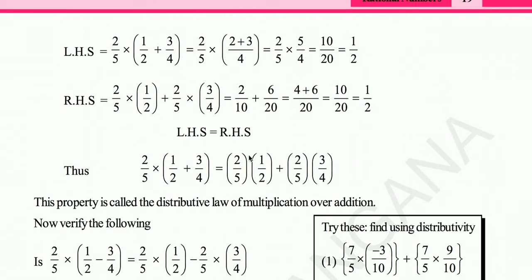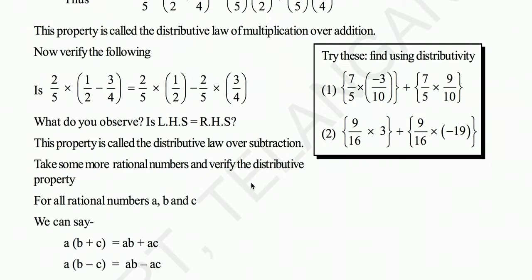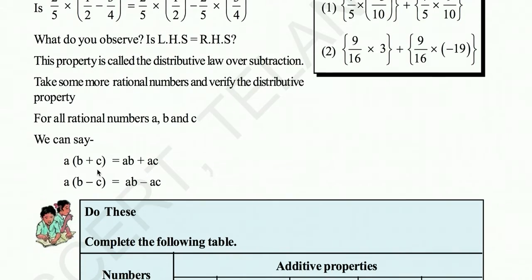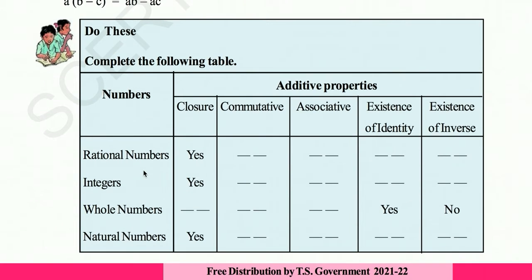If they are equal, then it is called the distributivity law of multiplication over addition. That is, a × (b + c) equals ab plus ac, and a × (b − c) equals ab minus ac. You complete the following table. You have to do it on your own, whether this satisfies the commutative and associative properties or not.